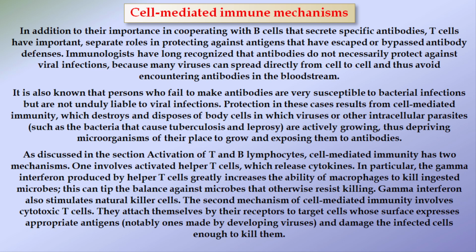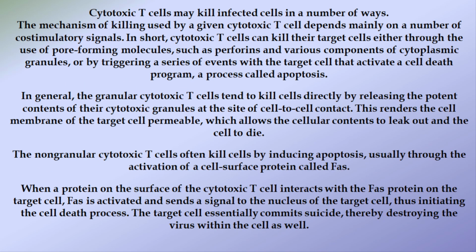The second mechanism of cell-mediated immunity involves cytotoxic T cells. They attach themselves by their receptors to target cells whose surface expresses appropriate antigens, notably ones made by developing viruses, and damage the infected cells enough to kill them. Cytotoxic T cells may kill infected cells in a number of ways.